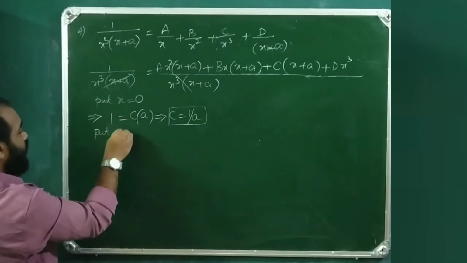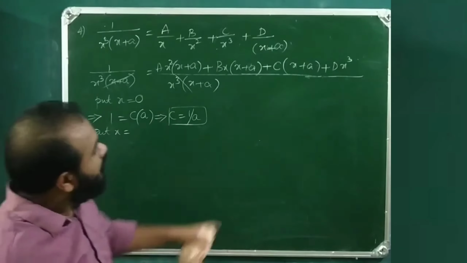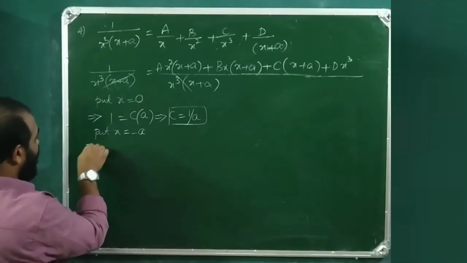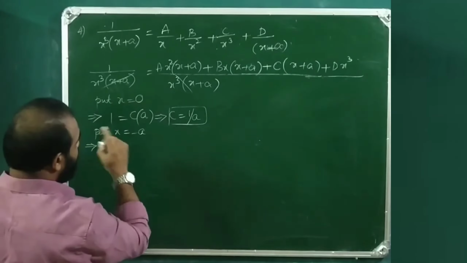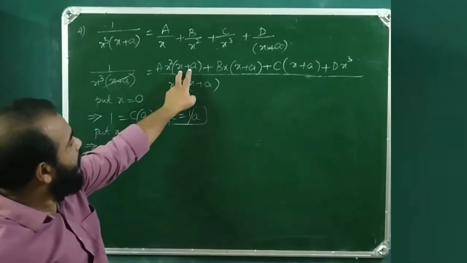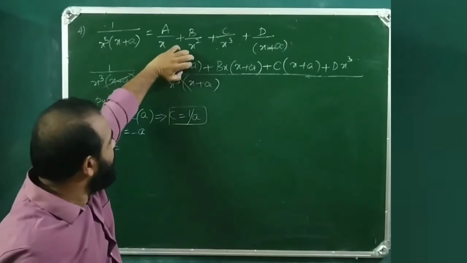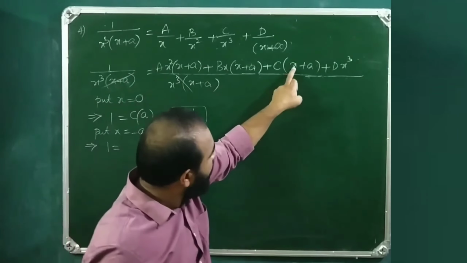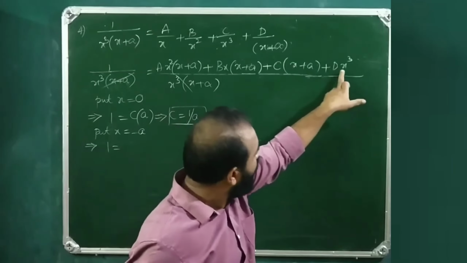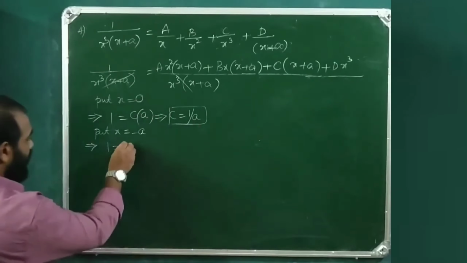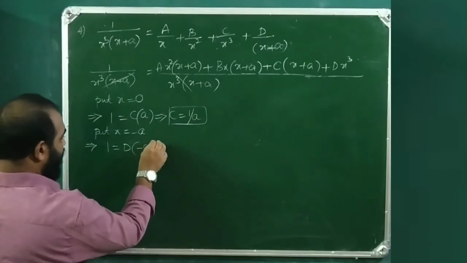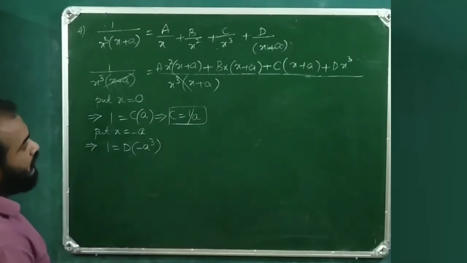Likewise, put x equals minus a. So 1 equals minus a plus a, 0 into this 0. So minus a plus a, 0. Minus a plus a, 0. So d into x cube, which is minus a cube.